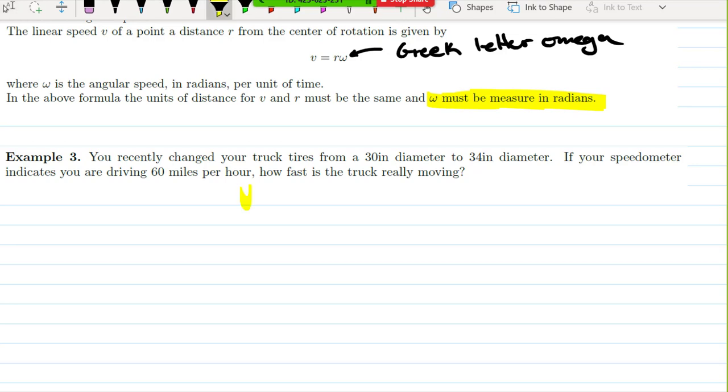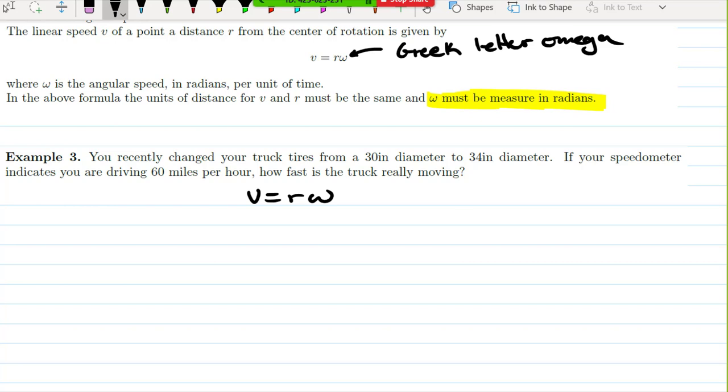So we have v equals r times omega. And we're told that if our speedometer indicates that we are driving 60 miles per hour, how fast are we really going? The first thing we notice in our formula is that we're given r, where r is the radius. We weren't given a radius in this problem; we were given diameters.